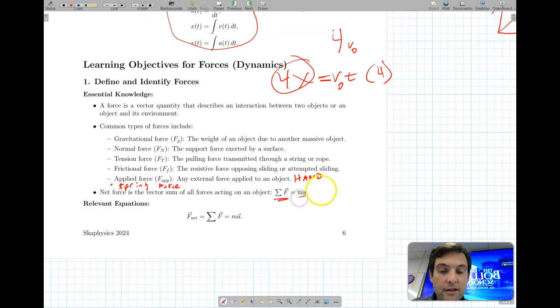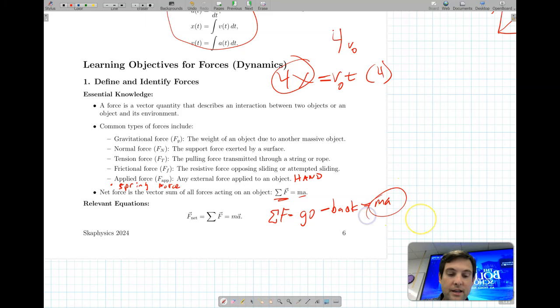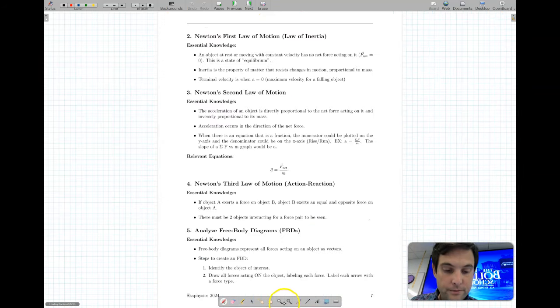Net force equals ma. We like to say net force equals stuff that makes it go minus stuff holding it back equals ma. That way our direction is usually taken care of there. Just don't forget to set it equal to ma, and if we're at a constant velocity, acceleration equals 0.